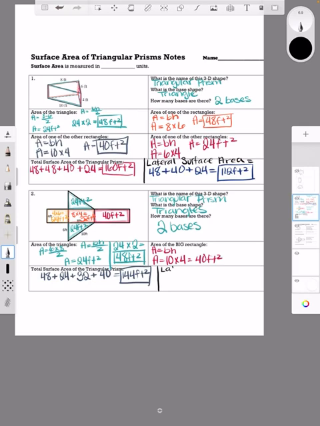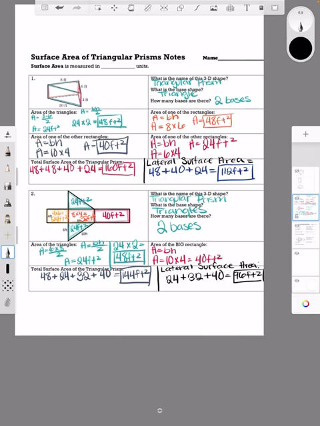I'm going to write lateral surface area. So I would just add 24 plus 32 plus 40, and that gets me 96 feet squared.